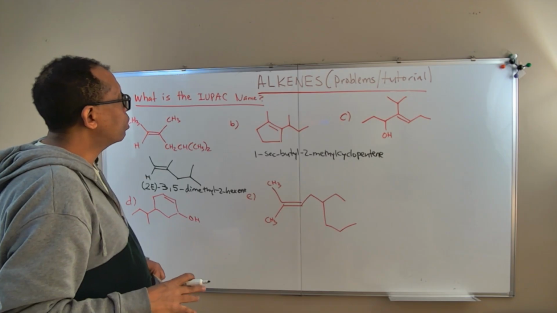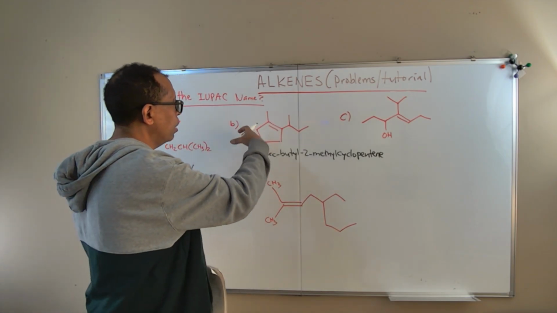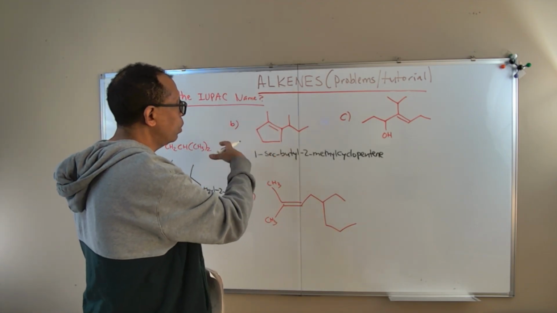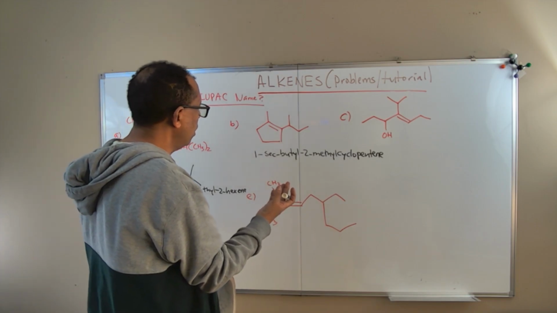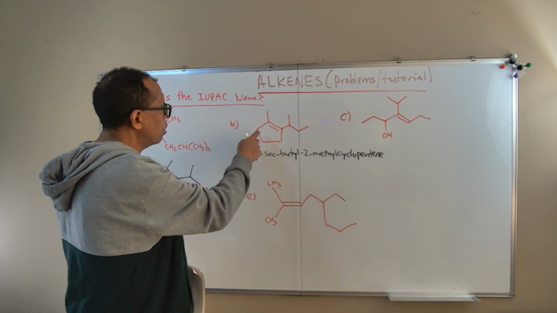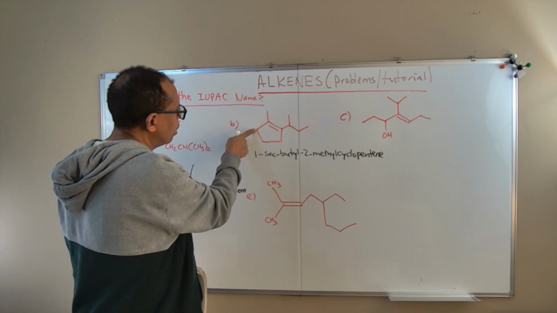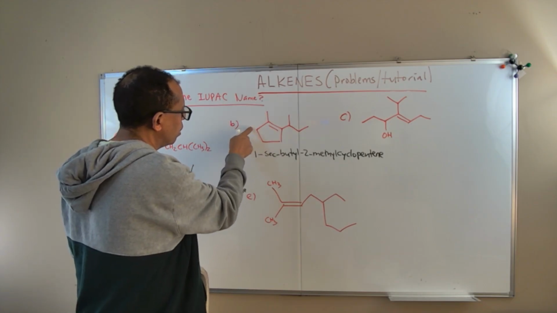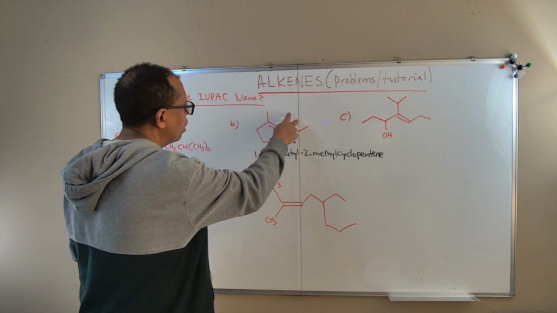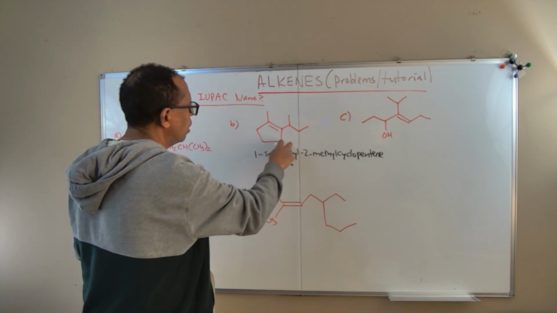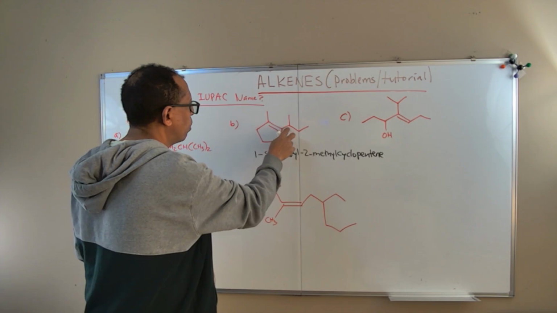Still, we can also make the E or Z assignment for this. From what I see here, the priority between this and this is this side. The priority between this and this is this one.